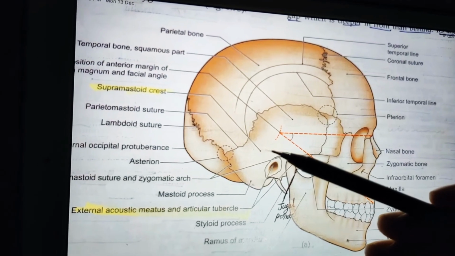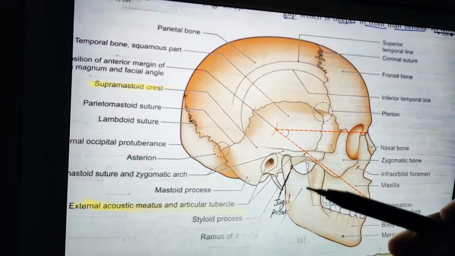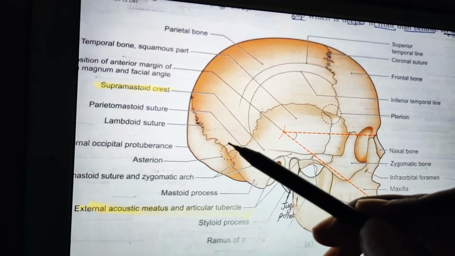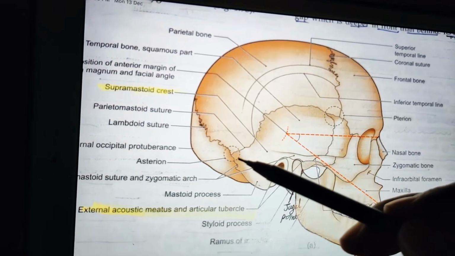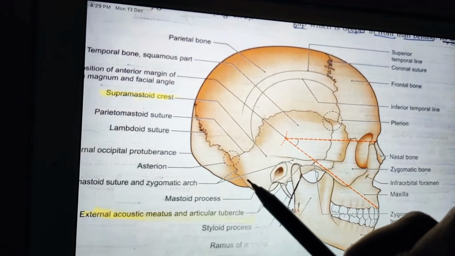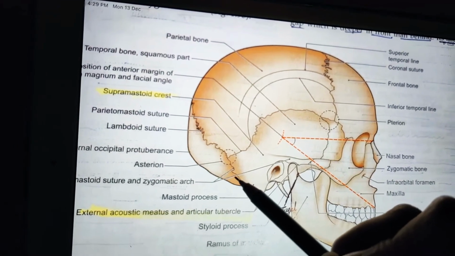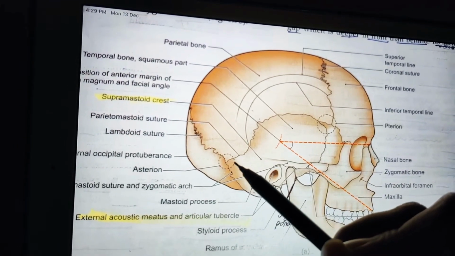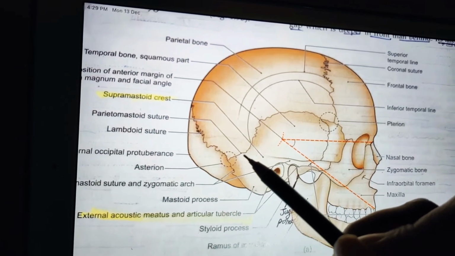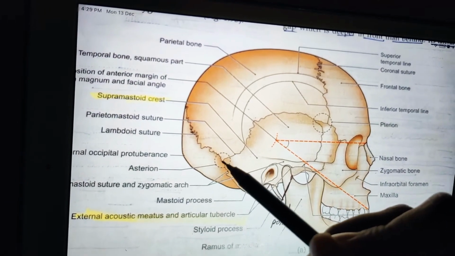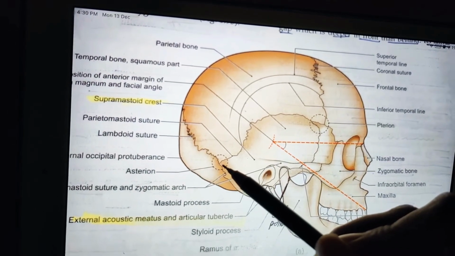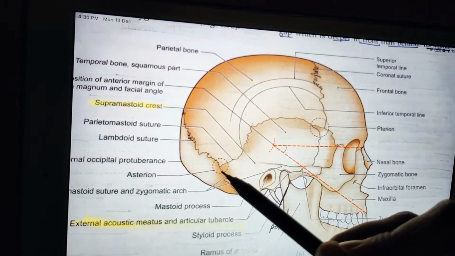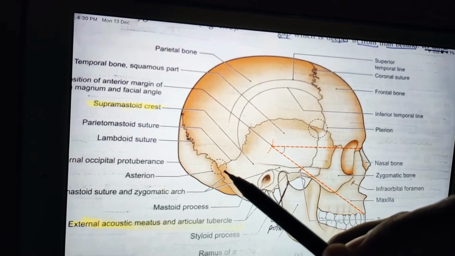Okay, next we'll discuss the asterion. You can see here the asterion. The asterion is a meeting point between the parietomastoid suture, you can see this is the mastoid, this is the parietal bone, and the occipitomastoid suture, between the occipital and mastoid, and also the lambdoid suture.